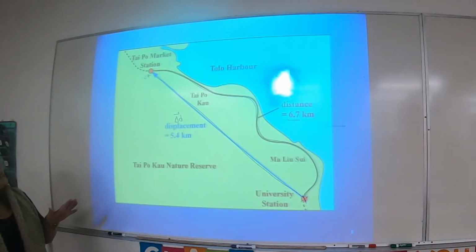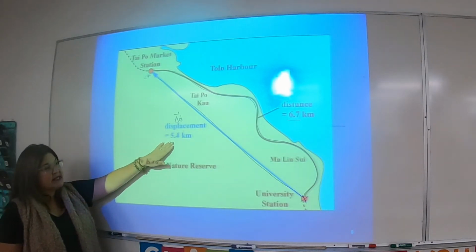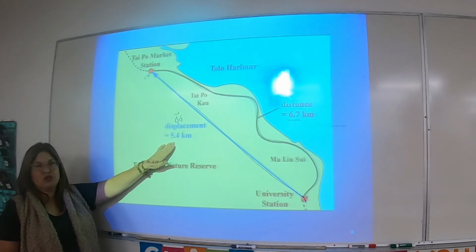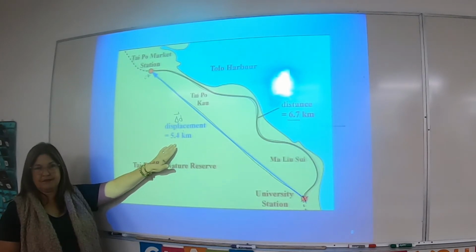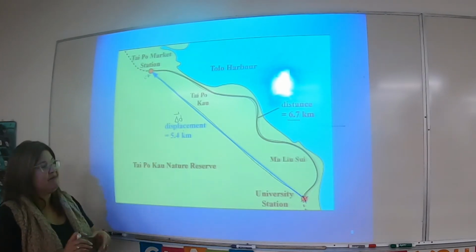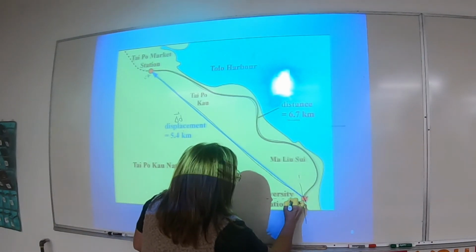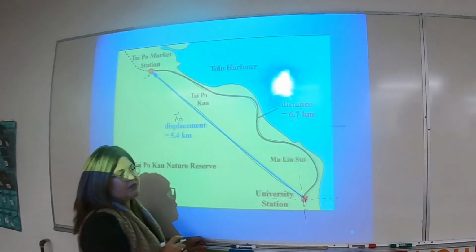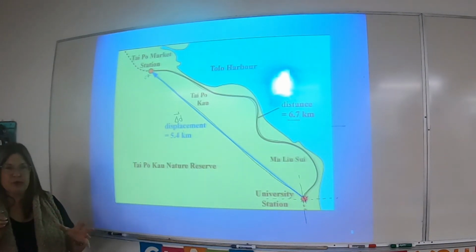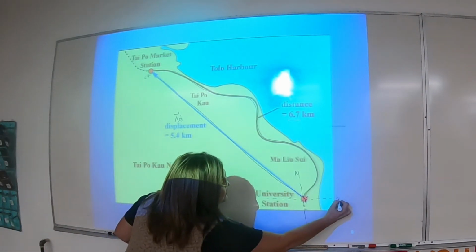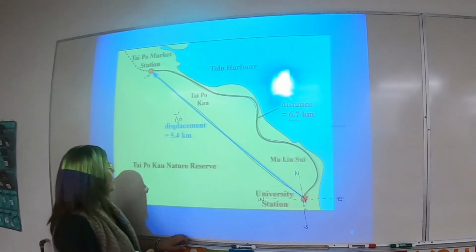But displacement requires some direction. And right here, all it's saying is 5.4 kilometers. So what do you think we should put in there as direction? Okay, if we put our Cartesian plane in there, or your reference coordinates, this would be north, south, east, and west.